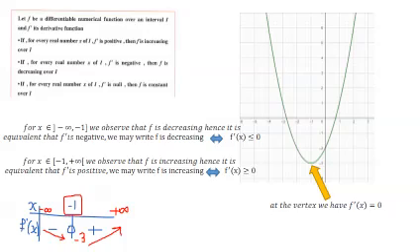So the function, as you can see, is decreasing here. That means the derivative is negative. So at this point, which is (minus 1, minus 3), it's the minimum point of the function.